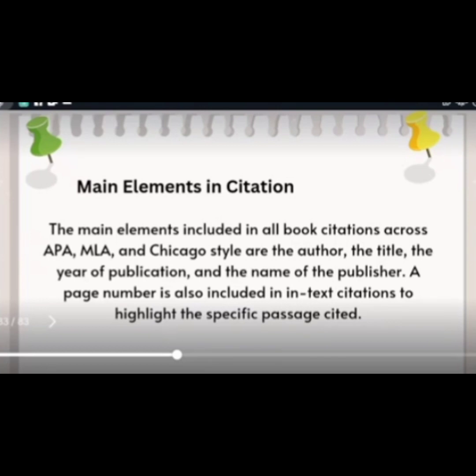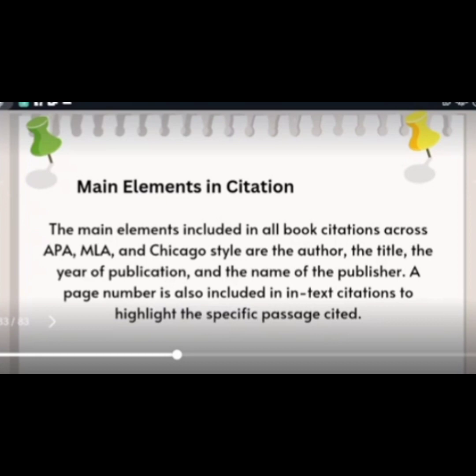A page number is also included, like in in-text citations, to highlight the specific passage cited. Alright, remember the author, the title, the year of publication, and the name of the publisher.